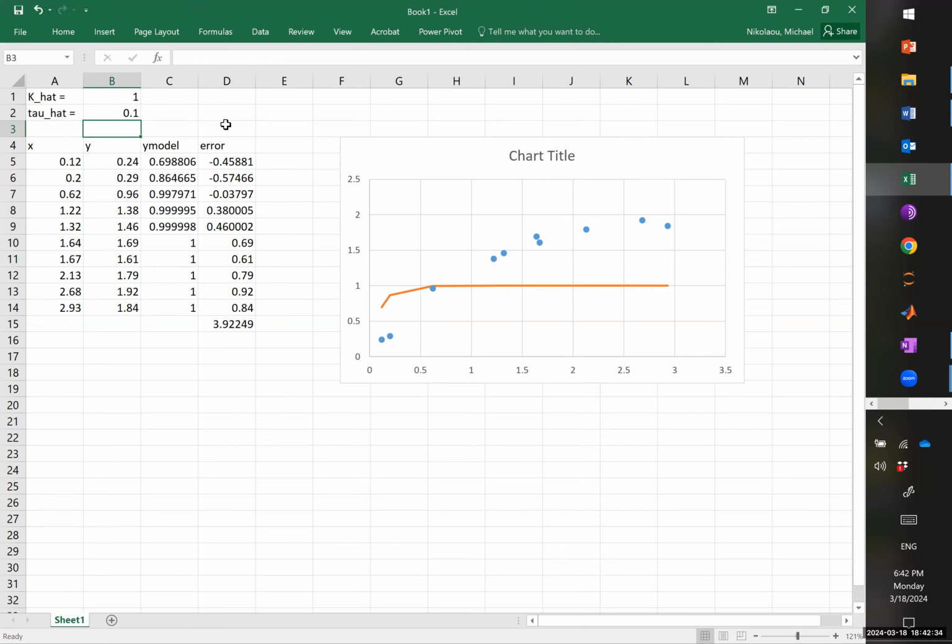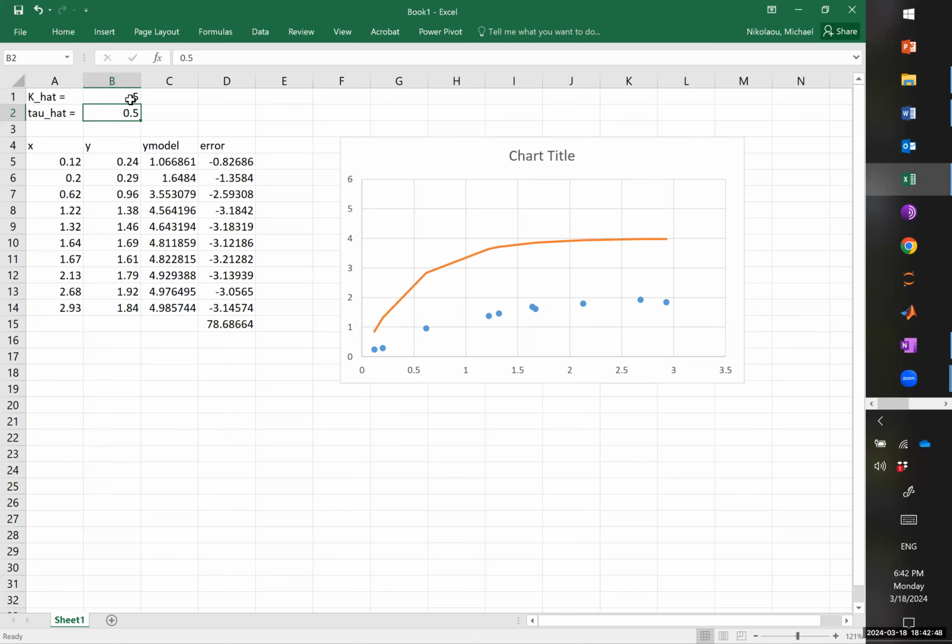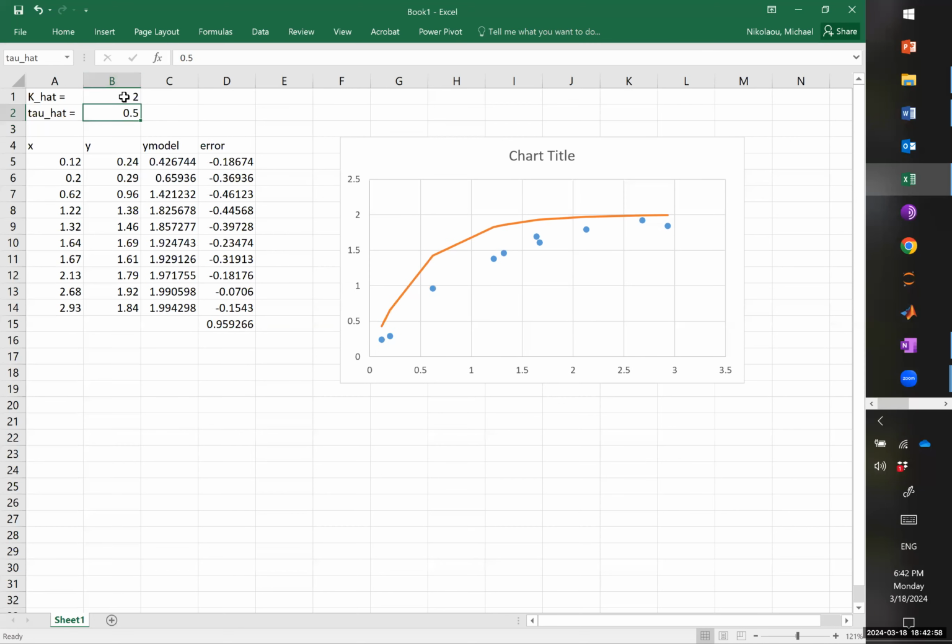No, that's not it. 0.5 maybe. Still not doing the job. Make this 5, oops, too much. You know where this is going, right? It's incredibly simple, so you can very quickly converge, maybe 2. This looks okay, but not quite. Could it be 1.8 maybe? Still not too happy because this doesn't look right.